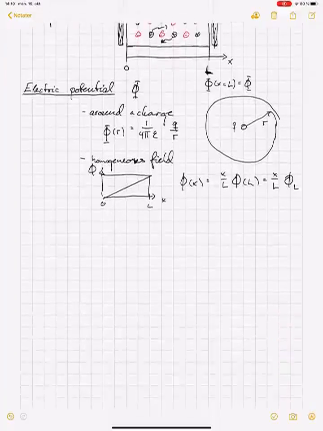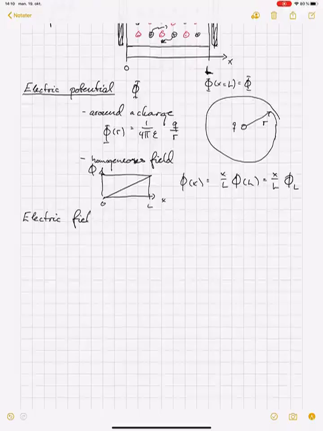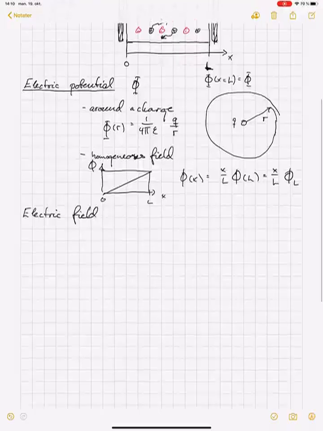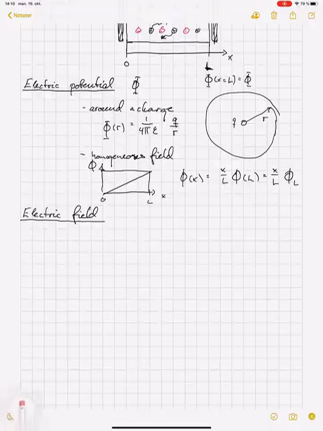Now the electric field is just defined as E. It's a vector field. It's minus the gradient of the electric potential.